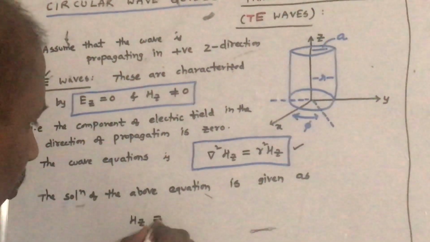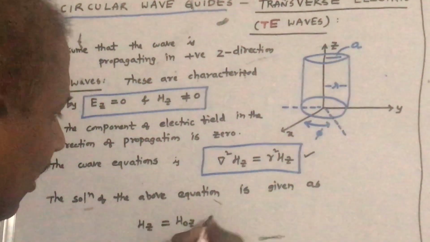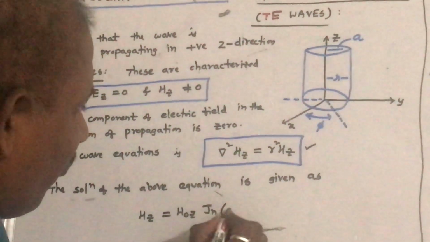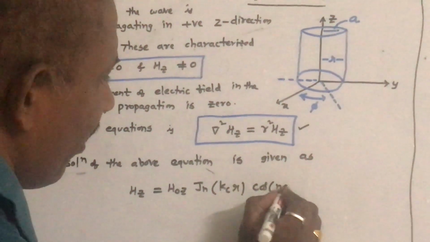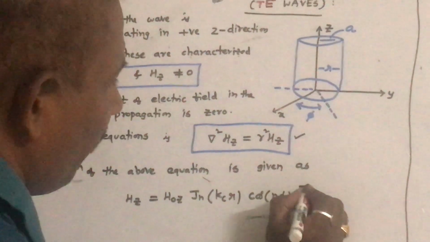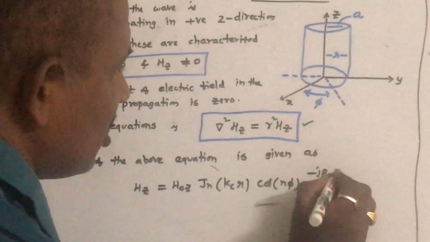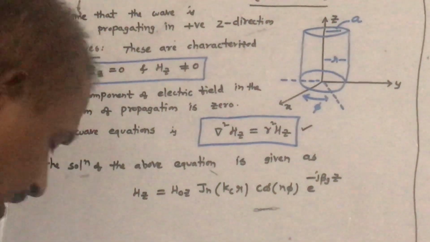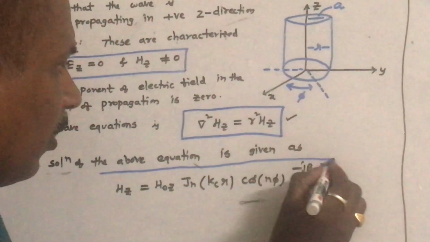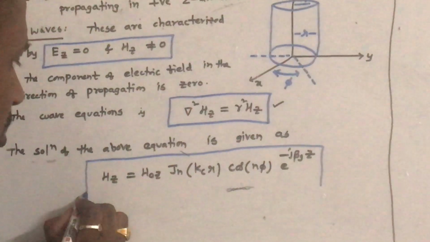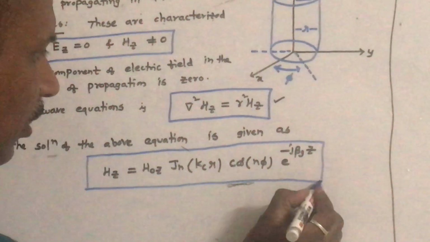Hz is equal to H0z into Jn of Kc into R into cos of n phi into e power minus j beta g into z. So this is what we have derived in the previous lecture, the solution of the Helmholtz equation.